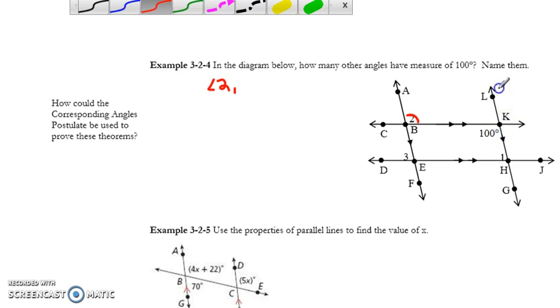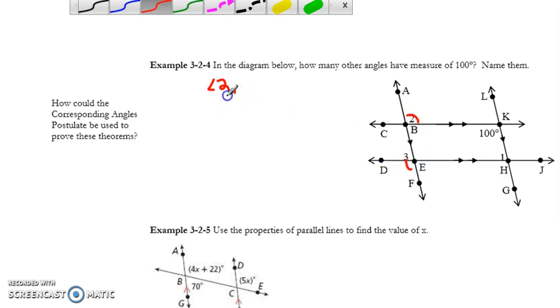Well, I don't know this end piece, but if I had a piece here, then I could say LK and then something, but I don't really have that one, so that's all right. If 2 is 100, then this angle right here would also be 100.